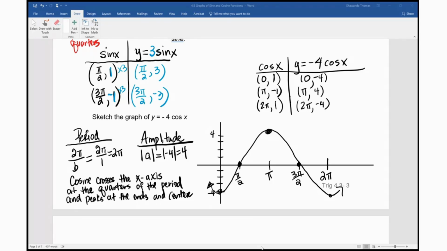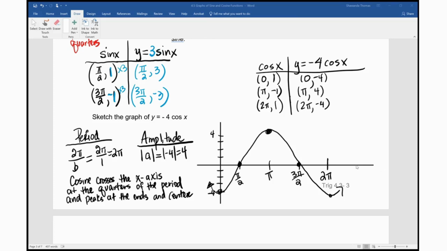I have a question. So you just basically take the x-axis, where the cosine or sine crosses, and you just multiply by whatever the equation gives you. All right, say it again, Michaela. You keep using the cosine and sine when it crosses the x-axis, you take those points and you multiply by whatever the equation numbers give you.